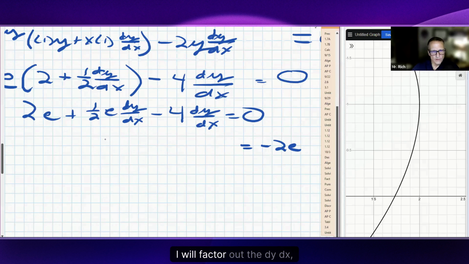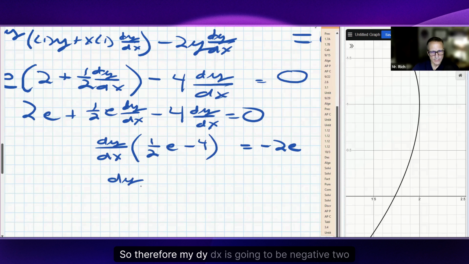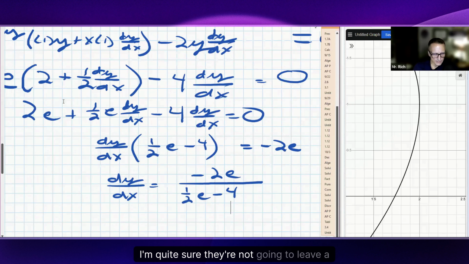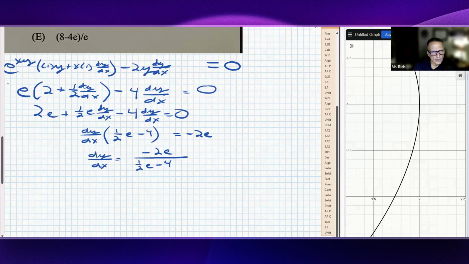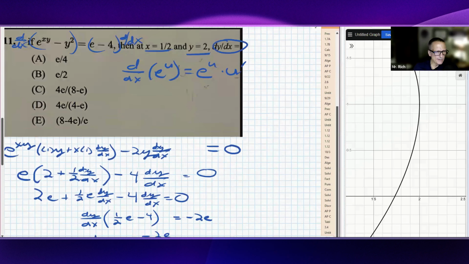I will factor out the dy dx, giving me 1/2 e minus 4. So therefore, my dy dx is going to be negative 2e divided by 1/2 e minus 4. Now, I'm quite sure they're not going to leave a complex fraction in the answer, so I'm going to have to simplify that.